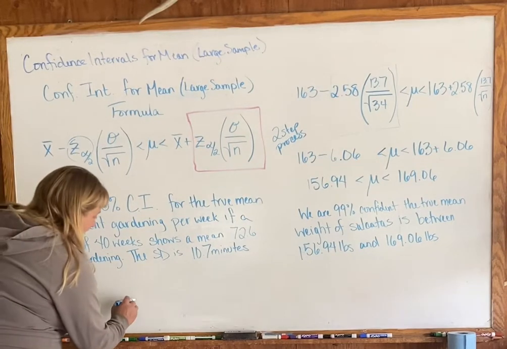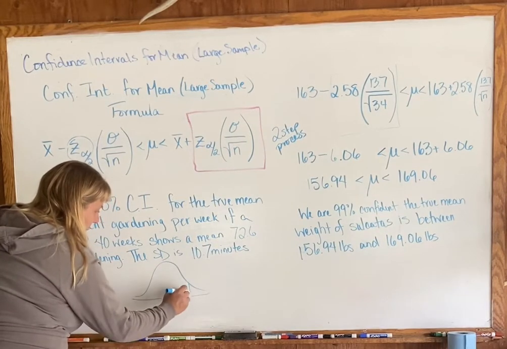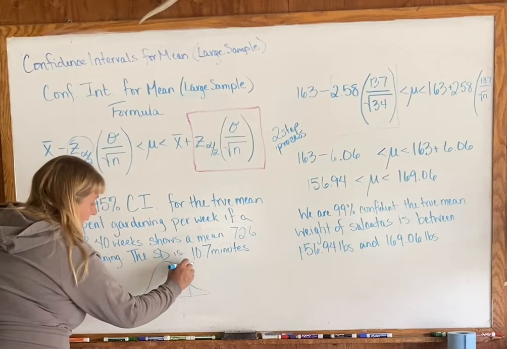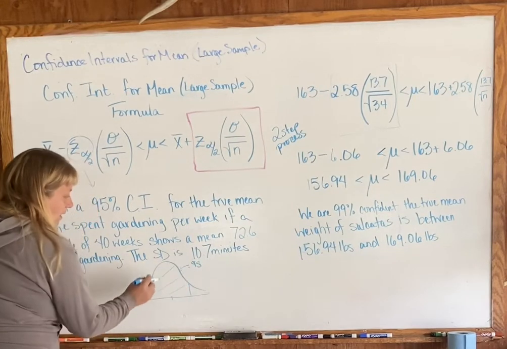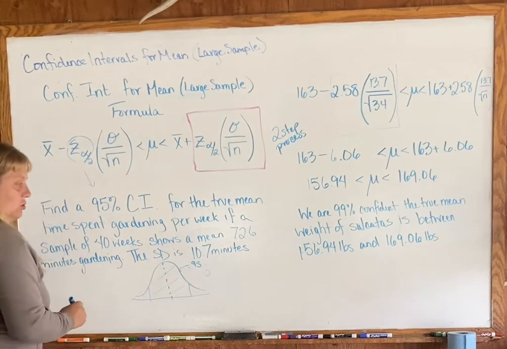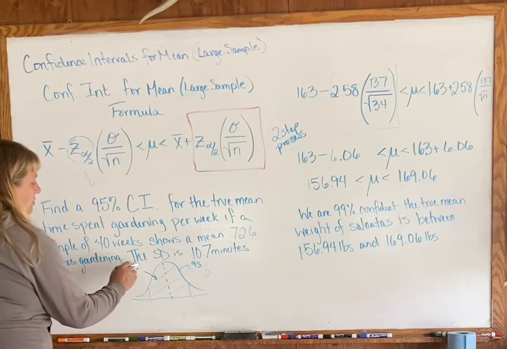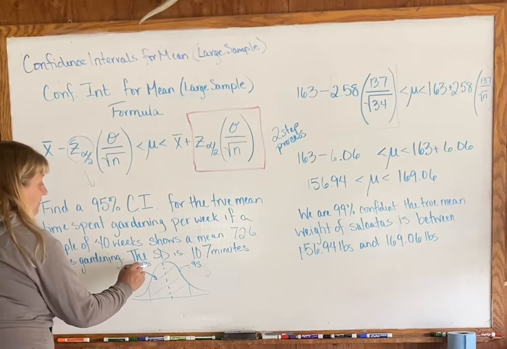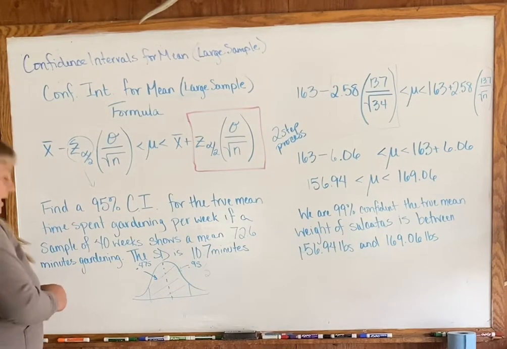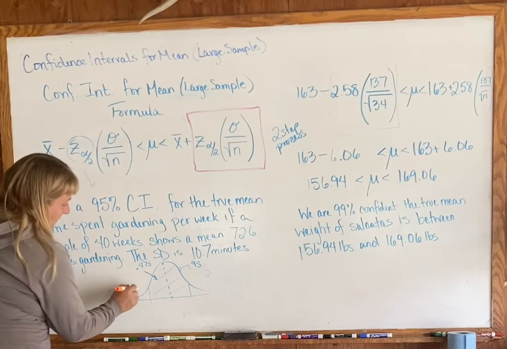So again, the idea of the setup is that you draw a little graph like this. This whole area is 0.95, but we only want half of it, so we're going to divide it by 2, which means each side will be 0.475. But again, that is not what we are interested in. We want this guy out here.